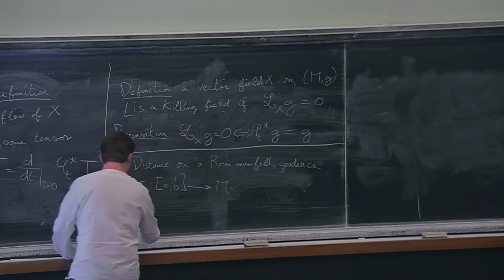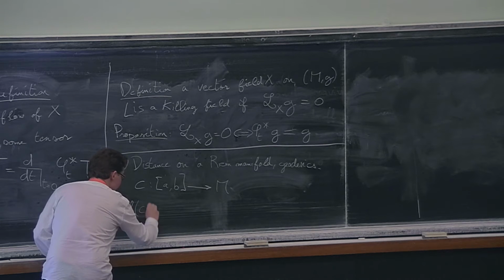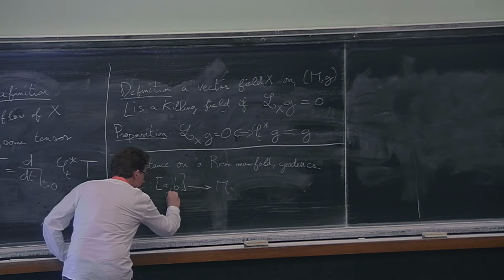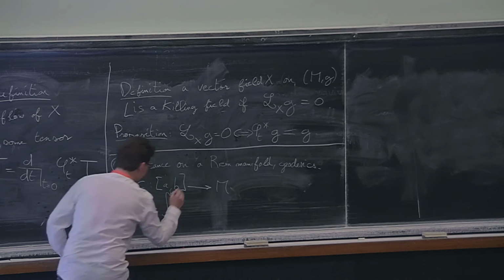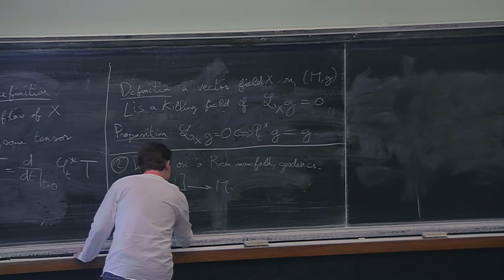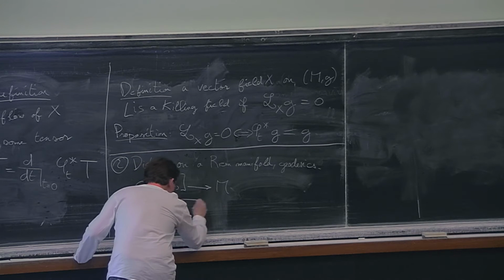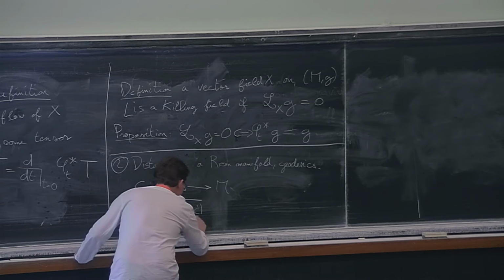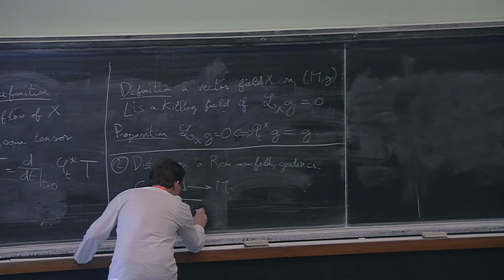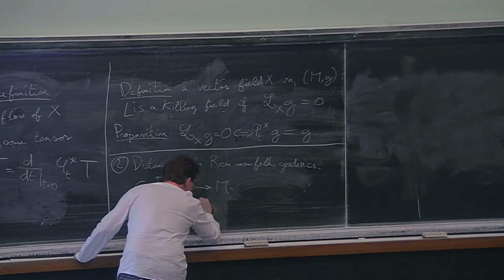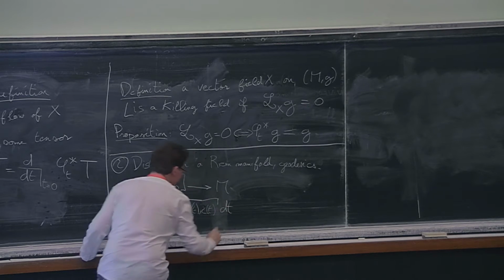So the length of the curve will just be the integral from A to B of the square root of g of C dot of t, C dot of t, dt.